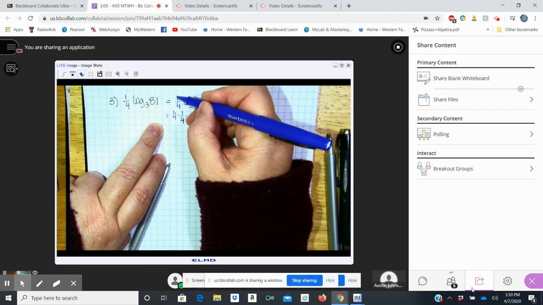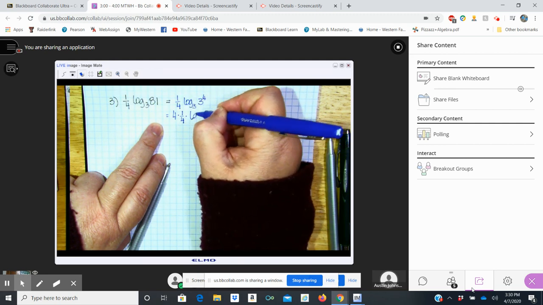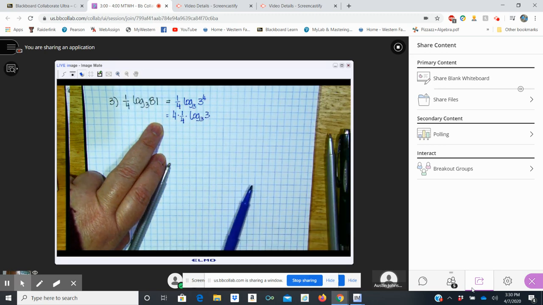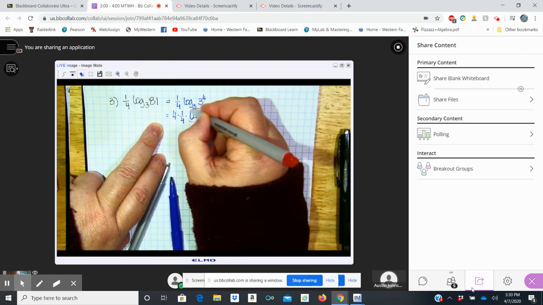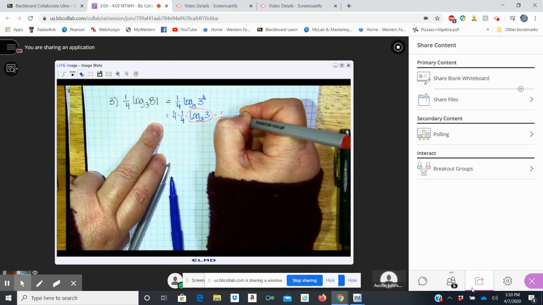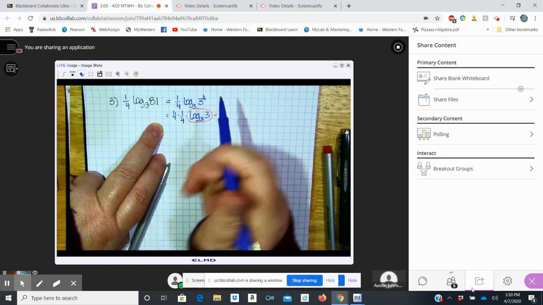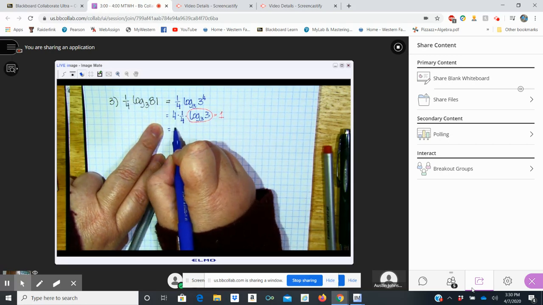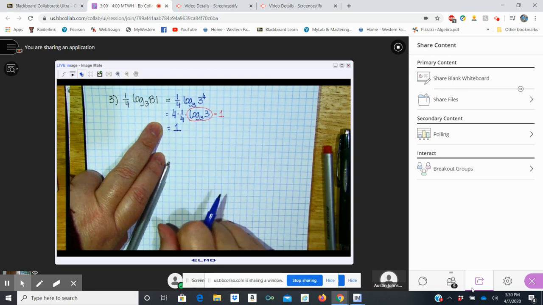So that's 4 times 1/4 times log base 3 of 3. Log base 3 of 3 is just a fancy way of writing 1. And here I have 4 times 1/4, which is also 1.